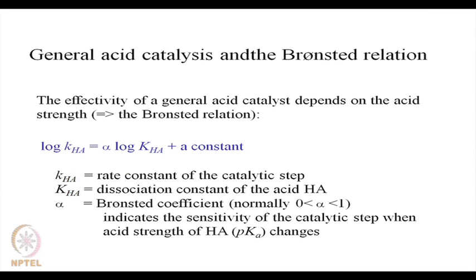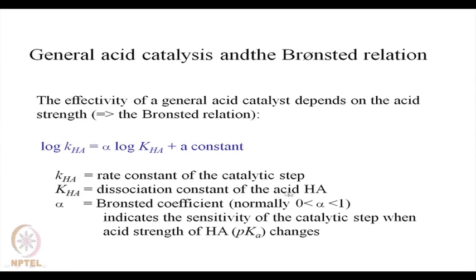General acid catalysis and the Bronsted relation. The effectivity of a general acid catalyst depends on the acid strength, and that is the Bronsted relation: log K_HA is equal to alpha log K_a of HA, the equilibrium constant, plus some constant. K_HA is the rate constant for the catalytic step, the step wherein catalysis occurs.